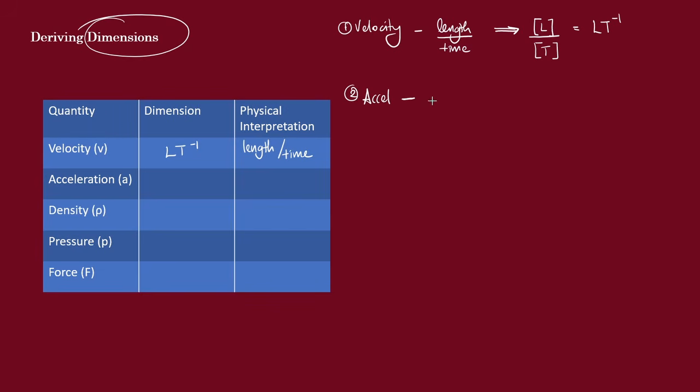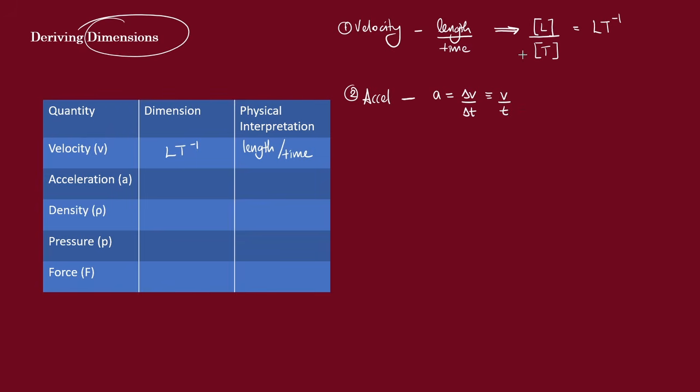As you go forward, let's see acceleration. We ask ourselves, what's the physical interpretation of acceleration? Acceleration is the change of velocity over time. So you can start with the formulas: acceleration is the change in velocity over the change in time, technically velocity over time.